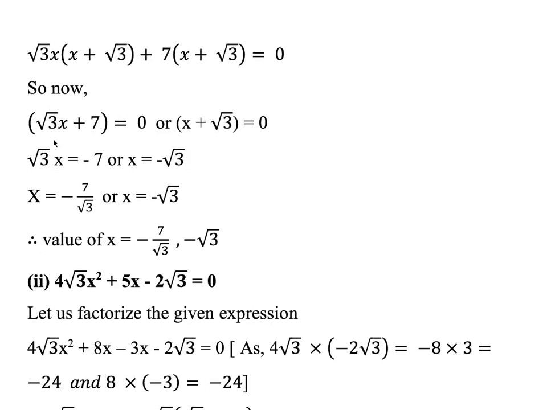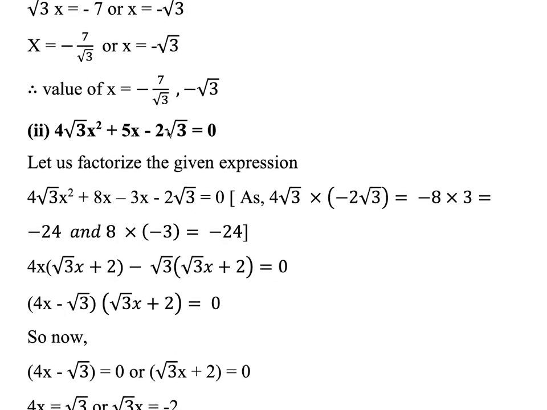So either root 3 x plus 7 is equal to 0 or x plus root 3 is equal to 0. So if the first term is equal to 0, the value of x will be minus 7 by root 3, and if the second part, that is x plus root 3 is equal to 0, the value of x will be minus root 3.